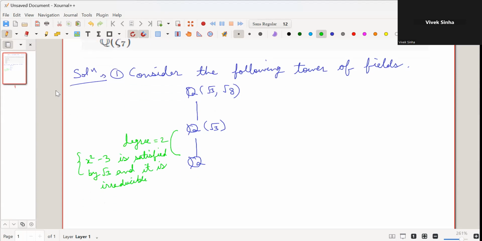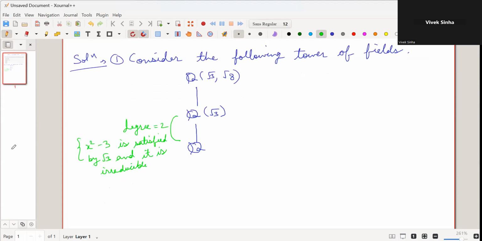Why is it irreducible? Because it has factors that are not inside Q. It cannot be split into linear factors, and thus it is irreducible because it's a polynomial of degree 2. The only way to split is into linear factors.